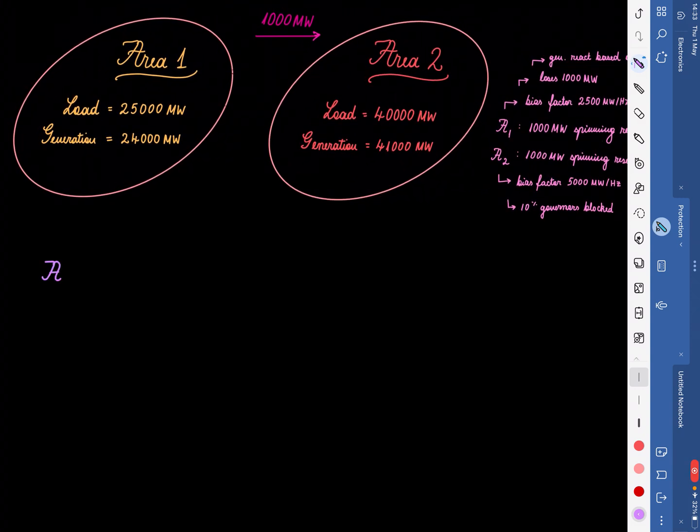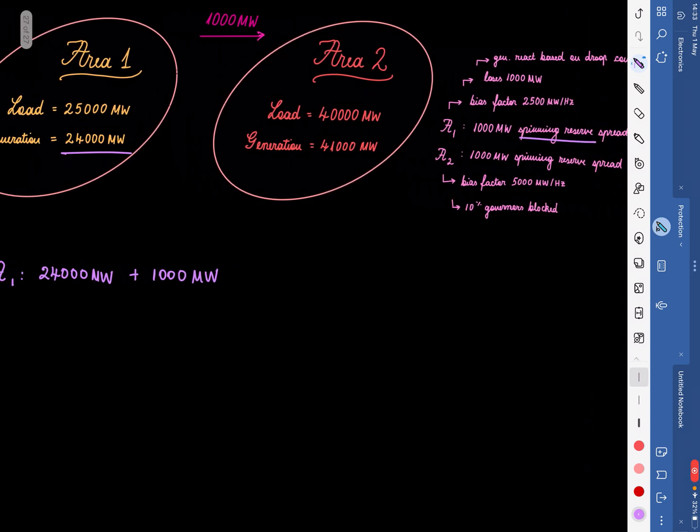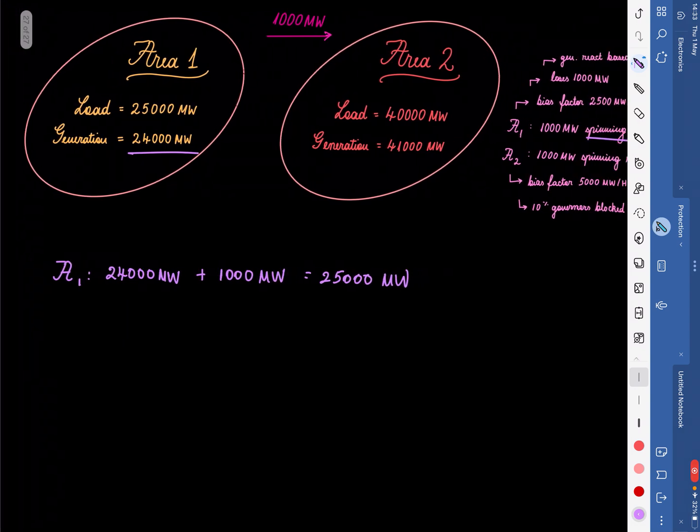So we can find that we have 24,000 megawatts left for generation, and also 1000 megawatts spinning reserve, which means we have 25,000 megawatts available to react. Then we can find the droop response.